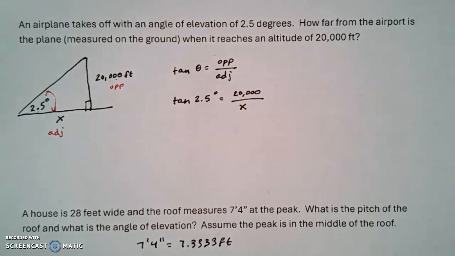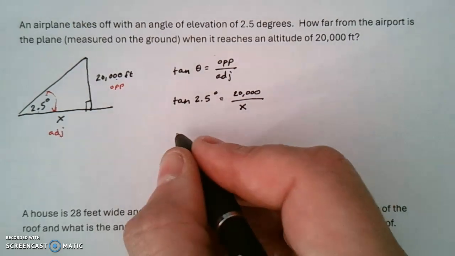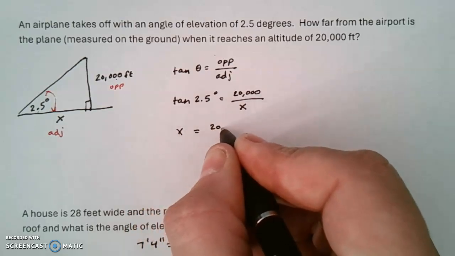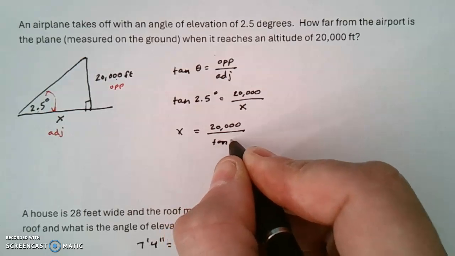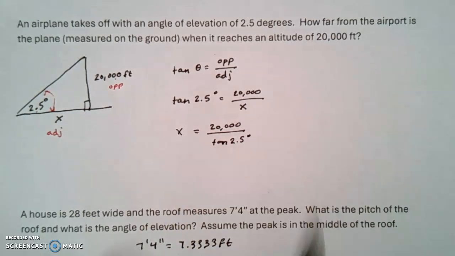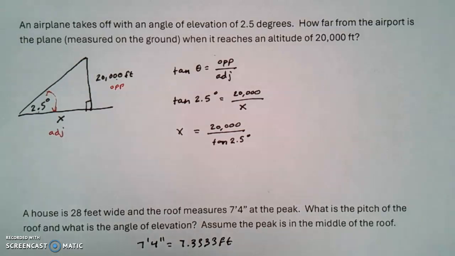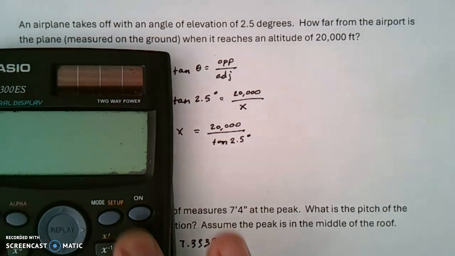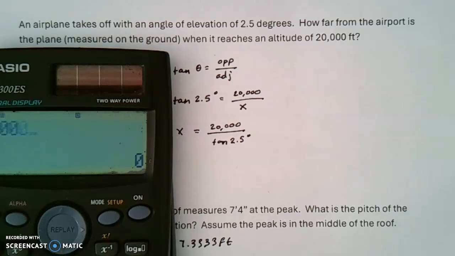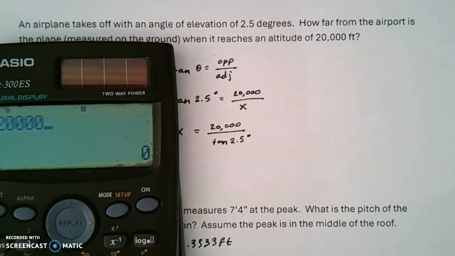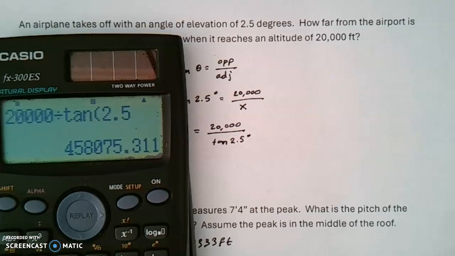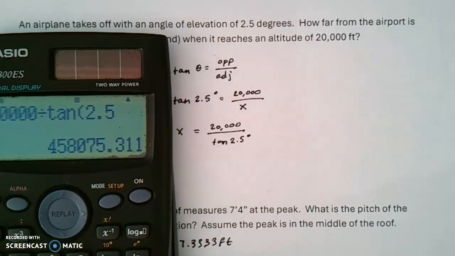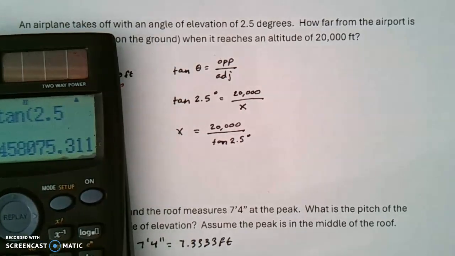If we solve this equation for the unknown, we get x equals 20,000 divided by the tangent of 2.5 degrees. We'll come in here with our calculator and we'll type 20,000 divided by tangent of 2.5, and I get 458,075.